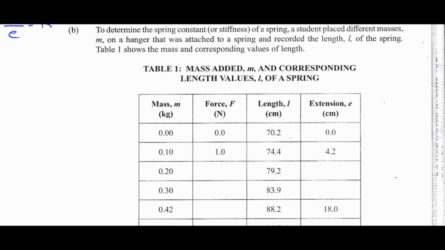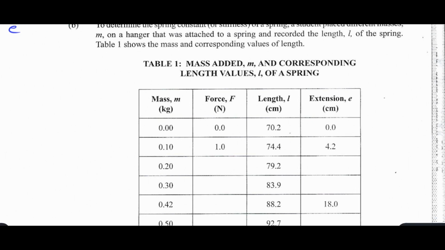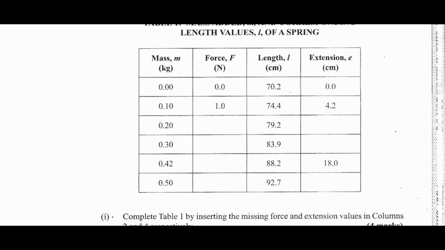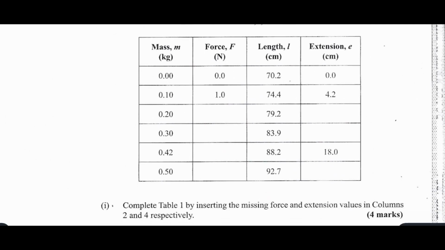Table 1 shows the masses and the corresponding values of length. I believe the next question is going to ask you to complete the table. Once you've completed the table, you would have enough data to plot your graph. So let's work with the table first.